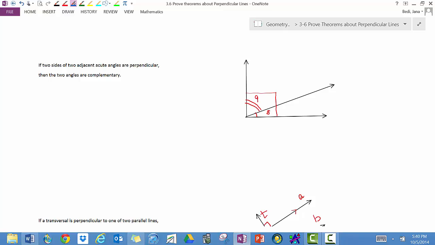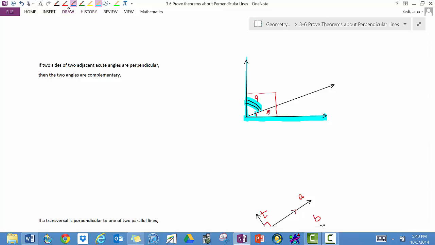Here you're given that the two sides of two adjacent acute angles are perpendicular. So let's say these are the two sides of the two adjacent acute angles. The angles we're talking about are angles 8 and 9.